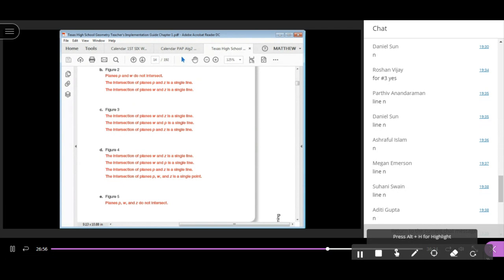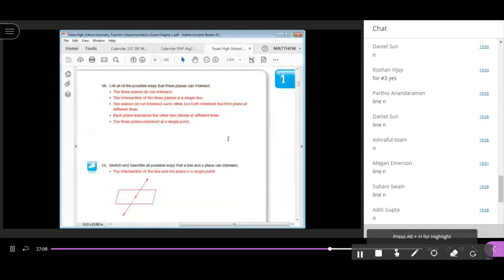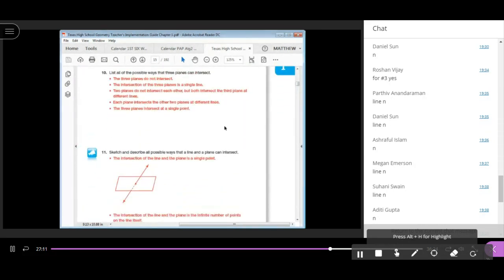Number 10, this is all here. This is figure 5, and this is figure 1. If you want to go back to the recording and formally write all of this out, you can. I think it was more a visual exercise. If you have the visual correct, you should be fine. And then number 11, I shared with you before. I told you to draw the skew lines and everything.